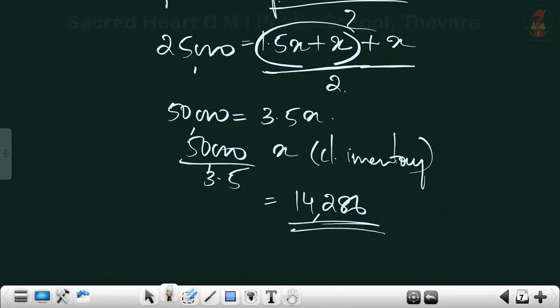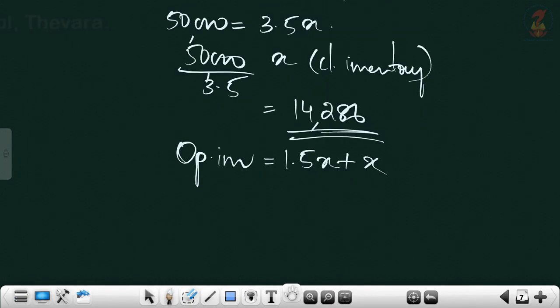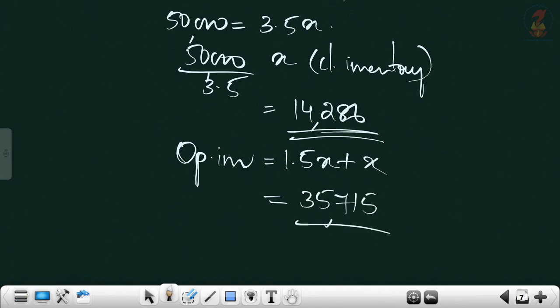This is your closing inventory which you can double line. Next we need one more, that is opening inventory, which is 1.5x plus x. So substitute the value of x. X is 14,286. After solving you will be getting 35,715. This is not the actual figure, decimal point you will be getting. You can just round it off.